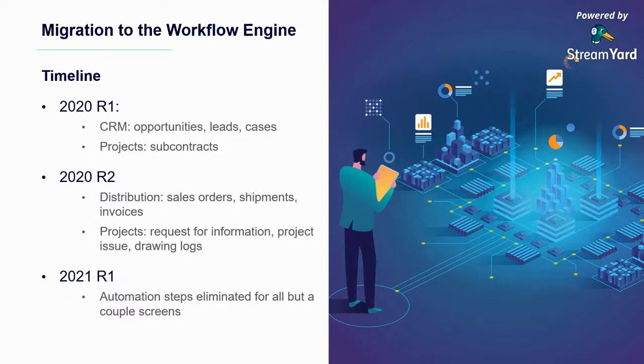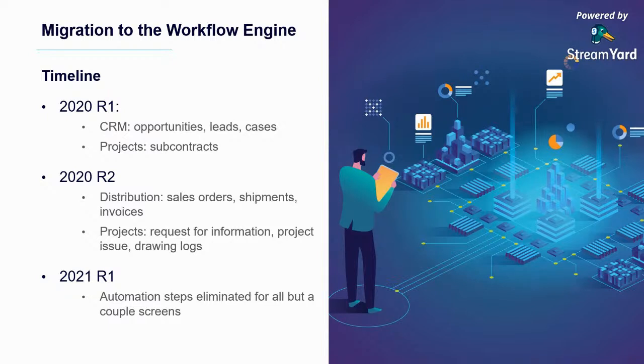Only one of these engines can exist at a time, which means that this new one automatically gets enabled and all of your 2020 R1 automation steps on your sales order screen, they're still there, but they're going to be deactivated and it's going to use the new engine. So it's a very important thing. Getting from the old to the new often goes through some transition, and that's the transition that you're going to have to make.